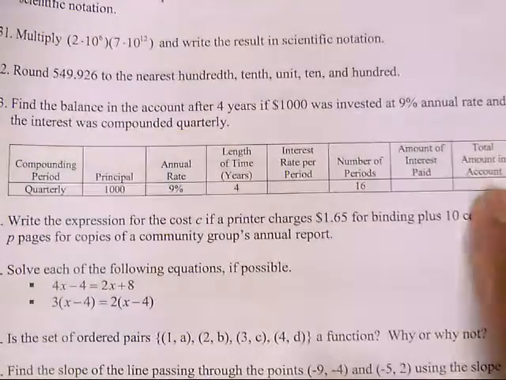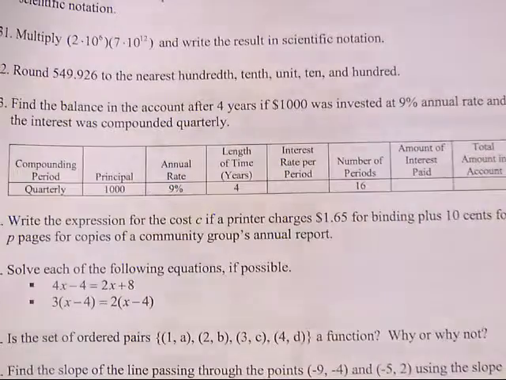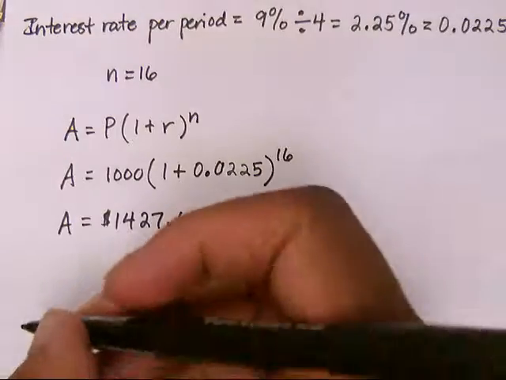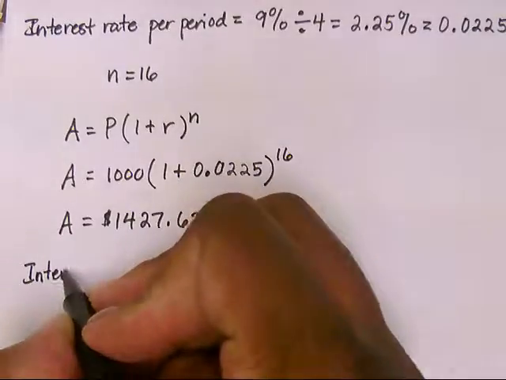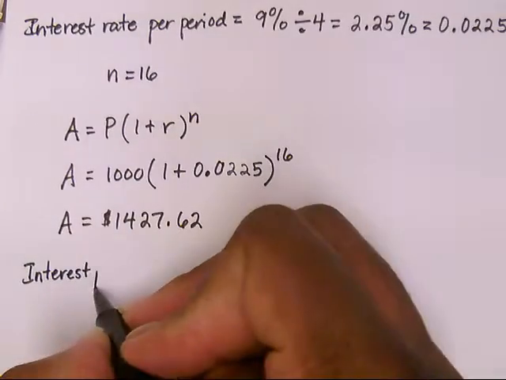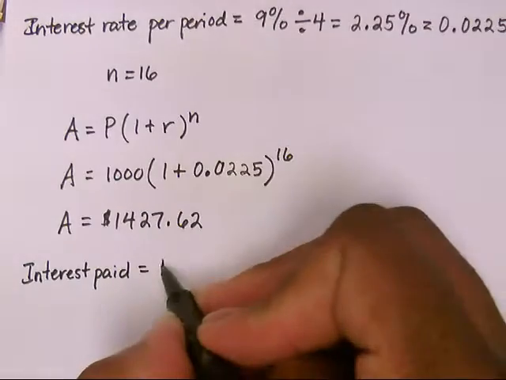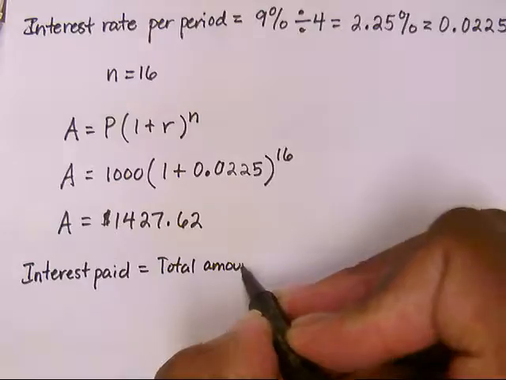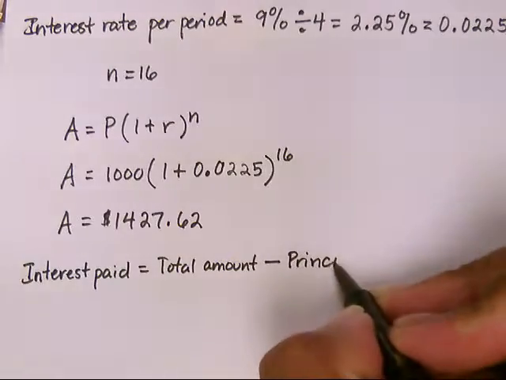But we want the amount of interest paid as well. Well, if the principal was $1,000, then the interest paid is going to be the total amount minus our principal.